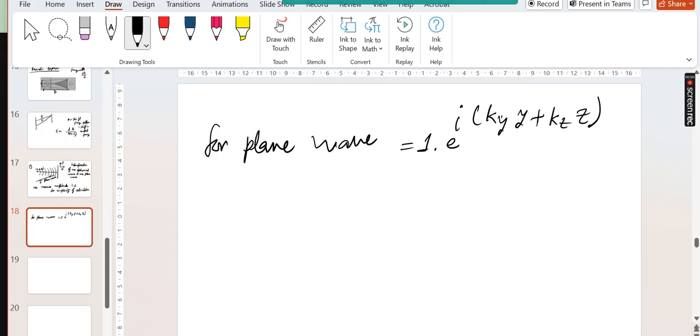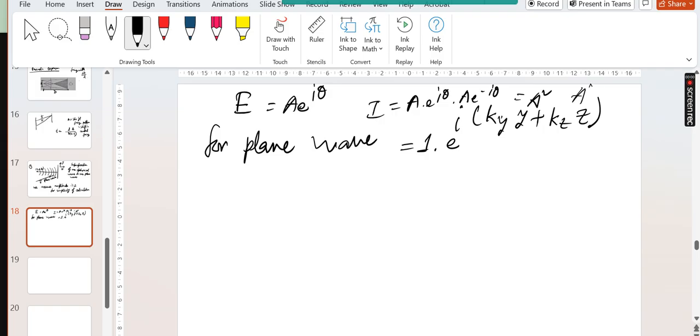So the electric field can be written as a e to the power i theta. So intensity I is equal to a e to the power i theta into a e to the power minus i theta. That is a squared, and here a squared is considered 1, or a is 1.